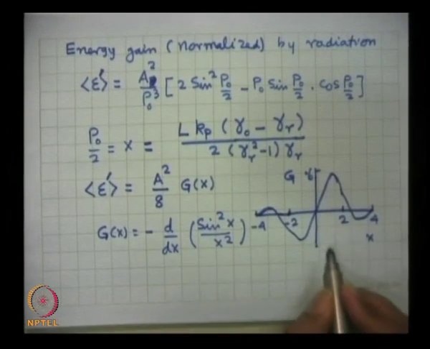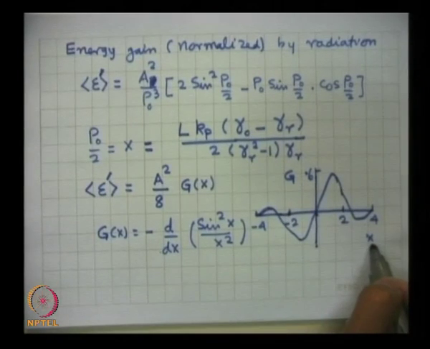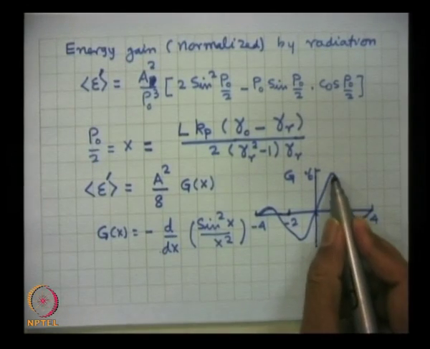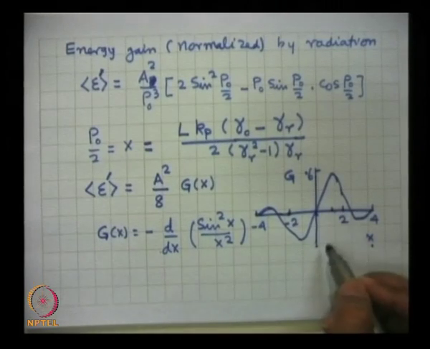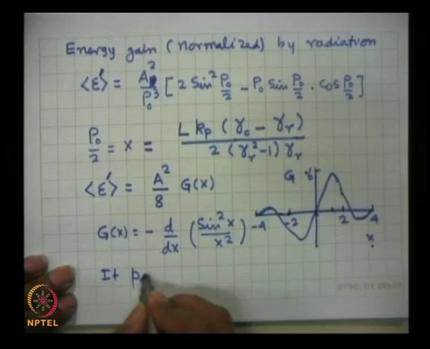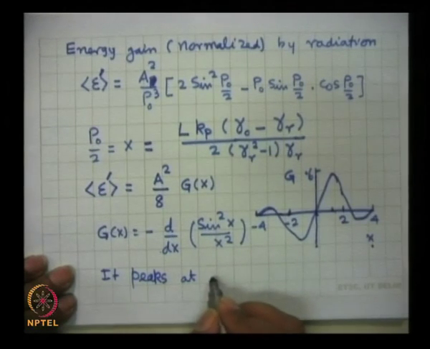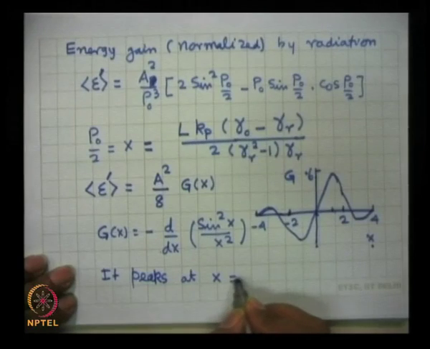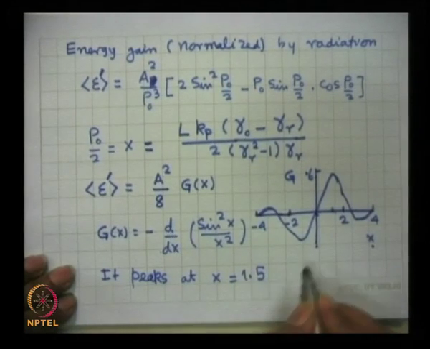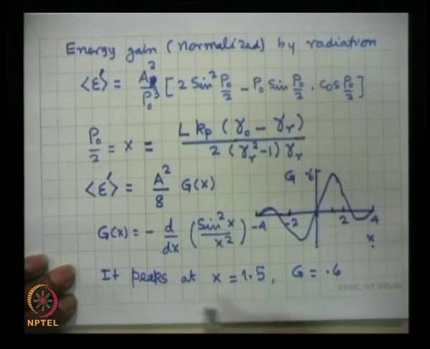So, this function gain is positive only when x is positive and it peaks at x equal to 1.5 and the maximum value of g at that point is around 0.6.